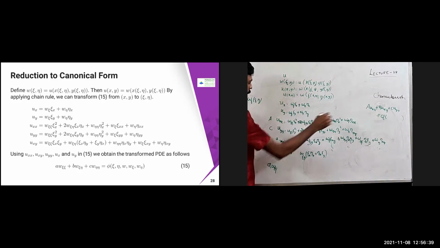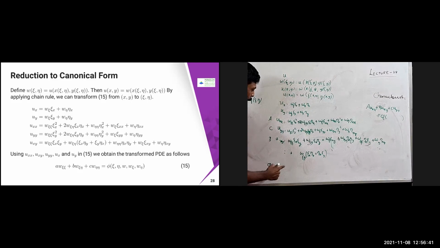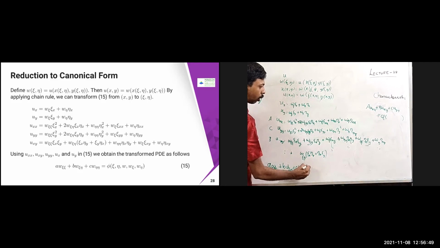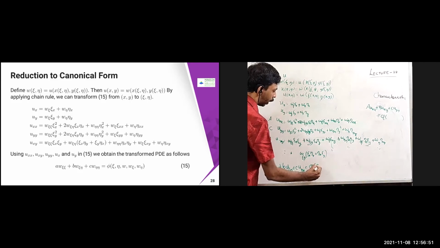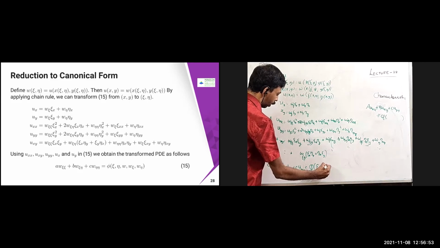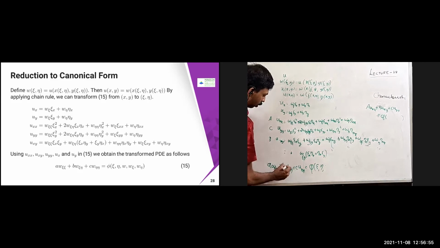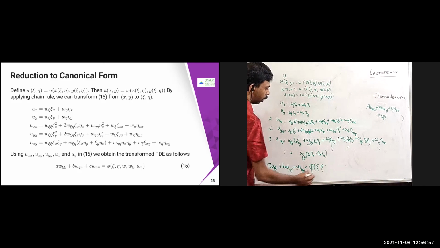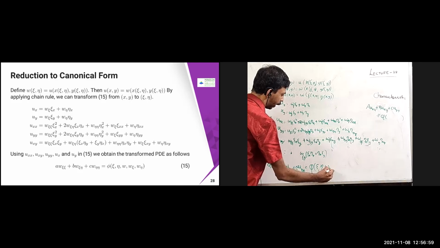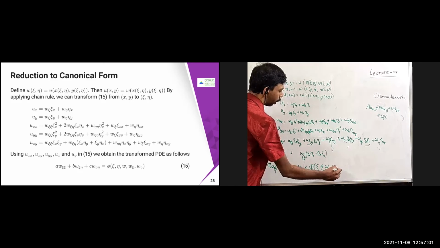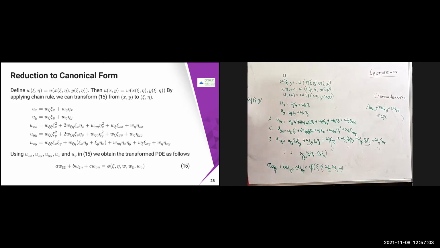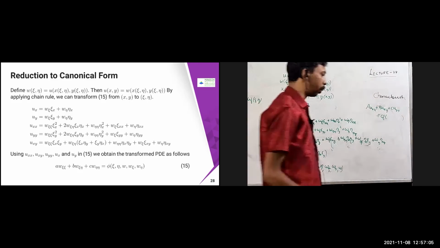So you are going to get a into w chi chi, plus b into w chi eta, plus c into w eta eta equal to some phi of chi comma eta comma w, w chi, w eta.